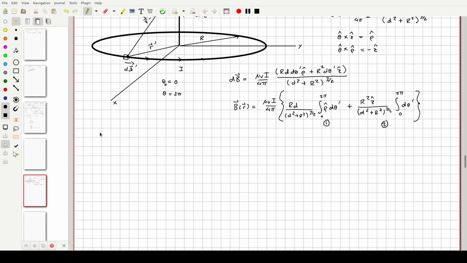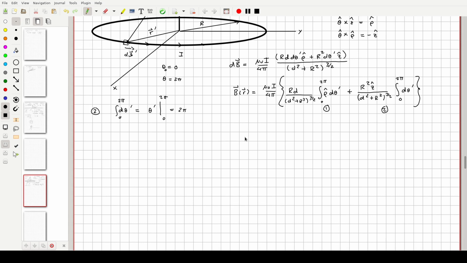And let's take a look at integral number 2 first, because that's the easiest one to do. It is from 0 to 2 pi of d theta prime. When you do this, you get theta prime evaluated from 0 to 2 pi, or just 2 pi. Super easy. Now this one's more complicated. Okay, one is a little bit more complicated.